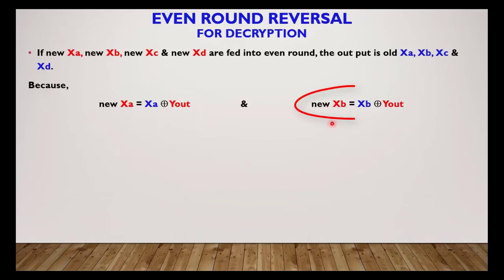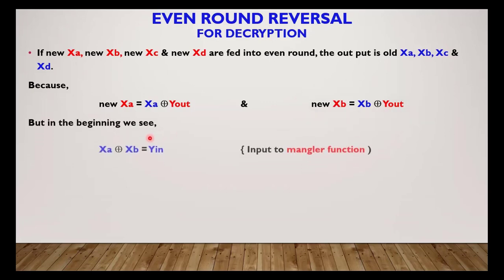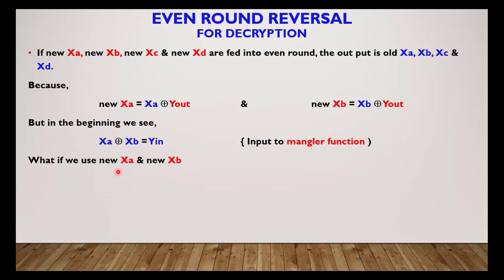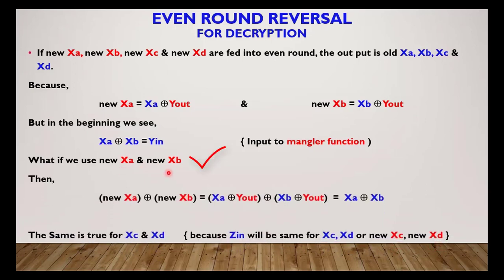Similarly, new XB is the XOR operation between XB and Y out. Fine. And then we saw in the beginning that XA XOR XB is equal to Y in, and that is the input to the Mangler function. And what if we use new XA and new XB, then we will see new XA XOR new XB is equal to XA XOR Y out XOR XB XOR Y out, which will give you XA XOR XB, that is your old XA and XB.